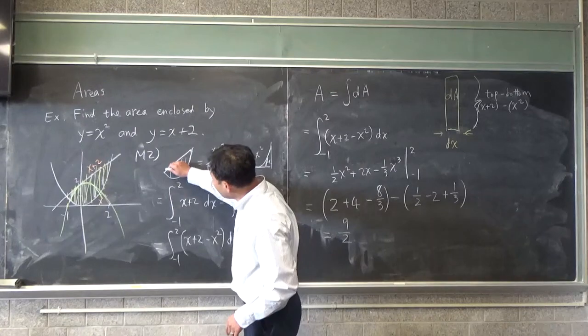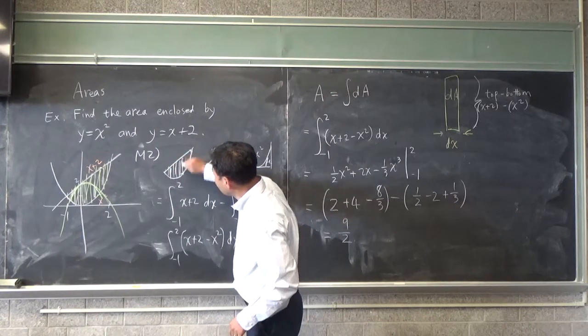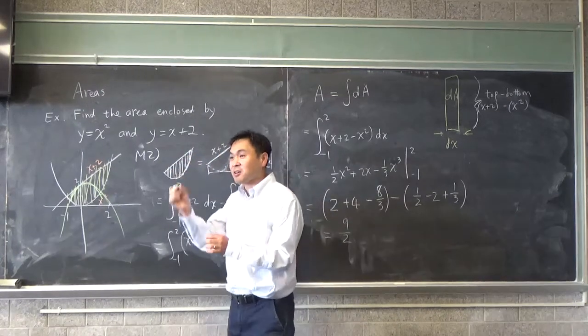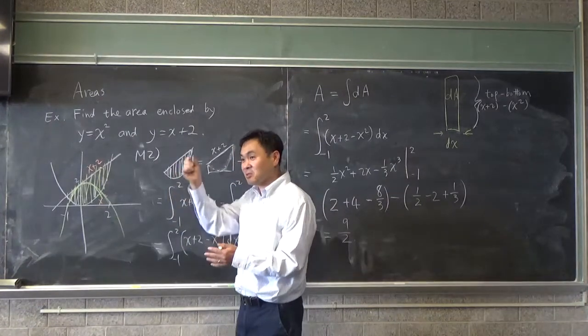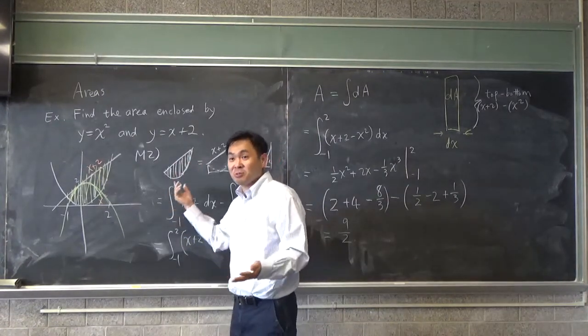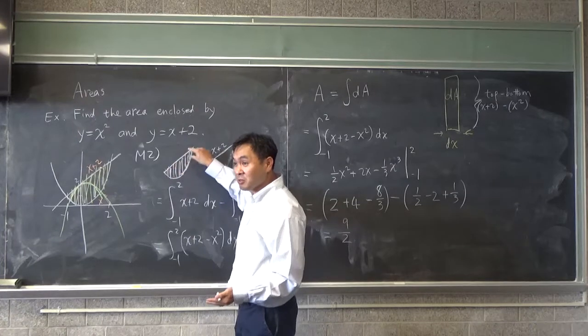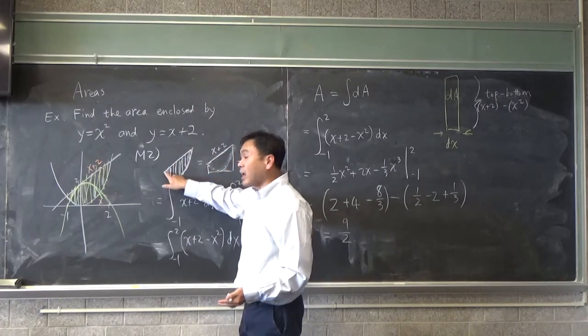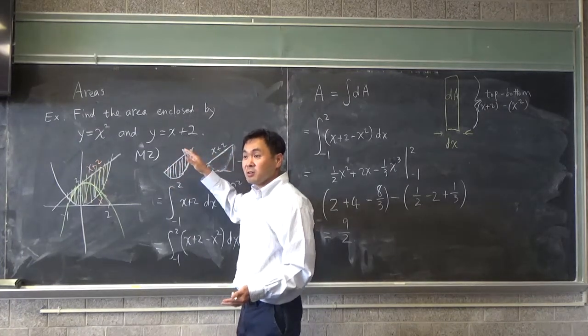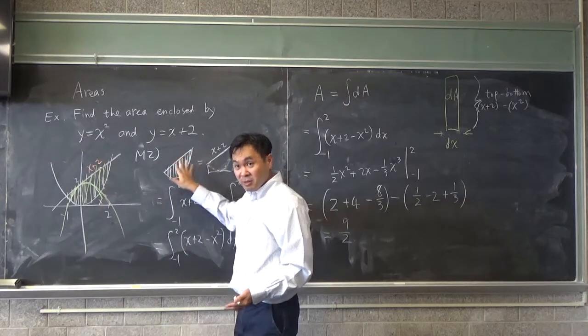Think of this area as made of sticks, like hard wooden chopsticks, very, very thin, or toothpicks if you want, okay? Toothpicks of different length. Then the area of these toothpicks will add up to the entire thing, right?